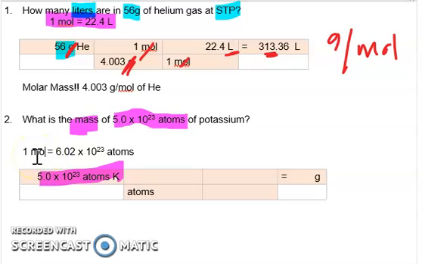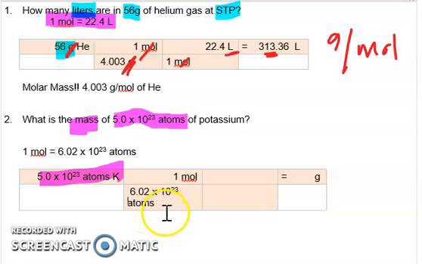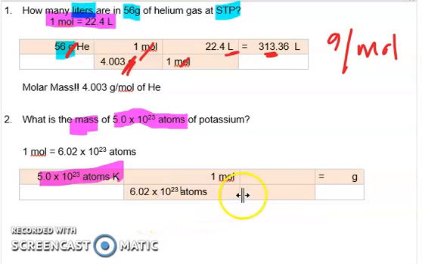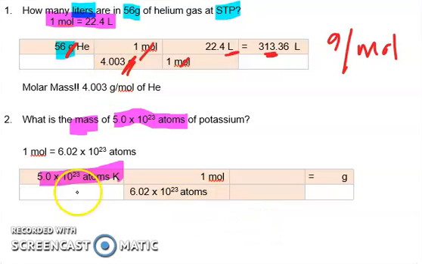So now I'm just gonna fill it in. So for every 1 mole, I have 6.02 times 10 to the 23 atoms. So now I have effectively canceled out my atoms. Atoms go away because it's at the top and the bottom. And now I'm only dealing with moles.